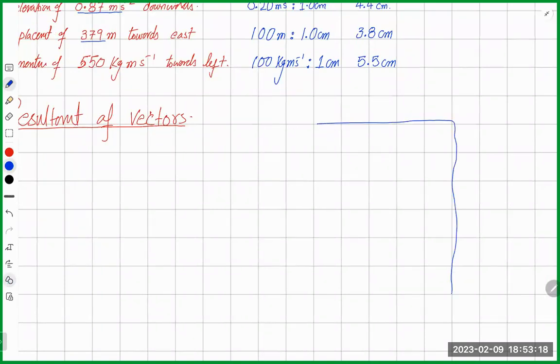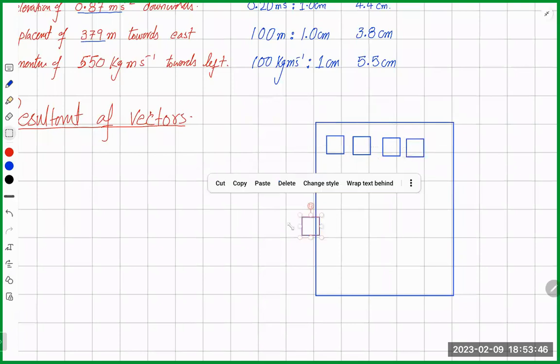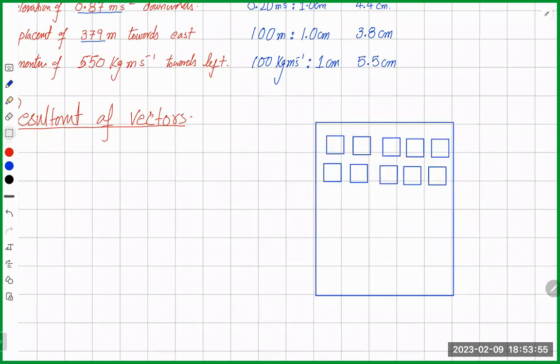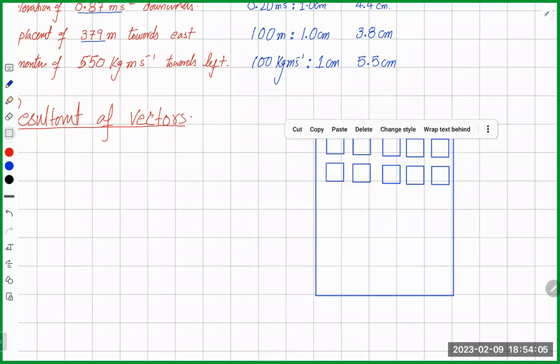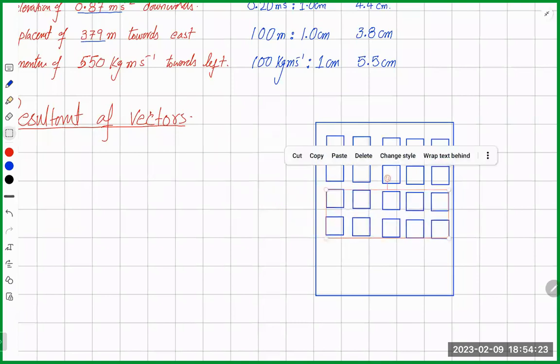Let's say this is a classroom. These are the chairs for the students.